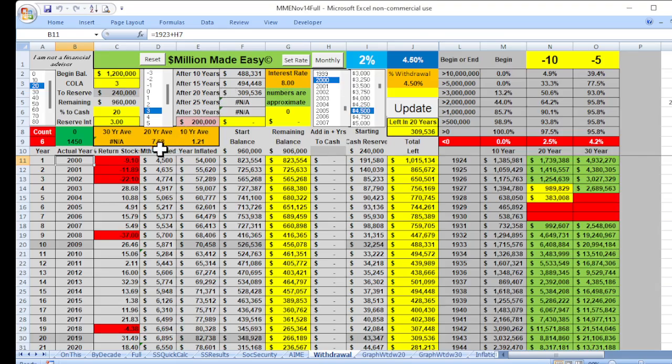Of course, nobody knows the future, but if we'd actually happen to have 3 down years, the best scenario you could have, if you knew that in advance, was leaving 80% in the S&P 500, having this 20% in the cash reserve. So these 3 years when it's going down, you're taking this 54,000, 55,000, 57,000 out of the cash reserve. But then look how the market came back, folks.